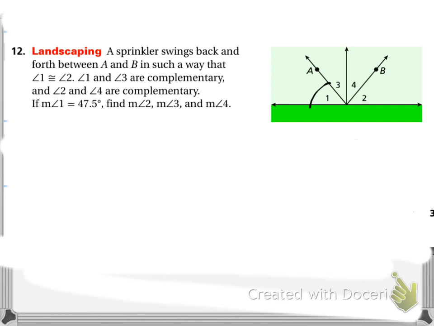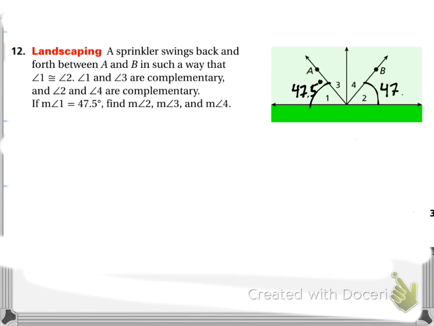You know that the measure of angle 1 is 47.5 degrees, and so we gotta have a complement here. I'm sorry, I just noticed this here. Angle 1 and angle 2 are congruent, so we should go ahead and put that over here too.